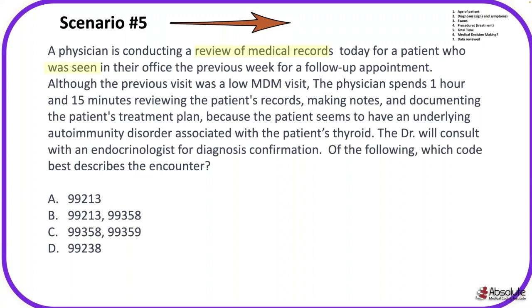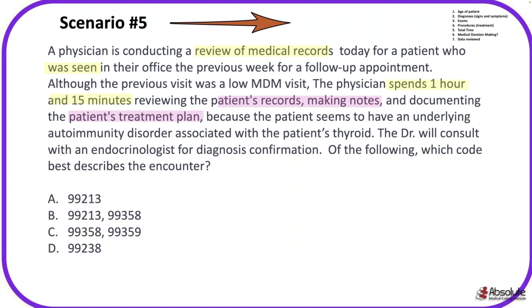Okay, so here are the keywords. Review medical records. The patient was seen in the office the previous week. Then the doctor spends an hour and 15 minutes reviewing the patient records. Now I made it pink because it's not really codable, but it's pertinent.